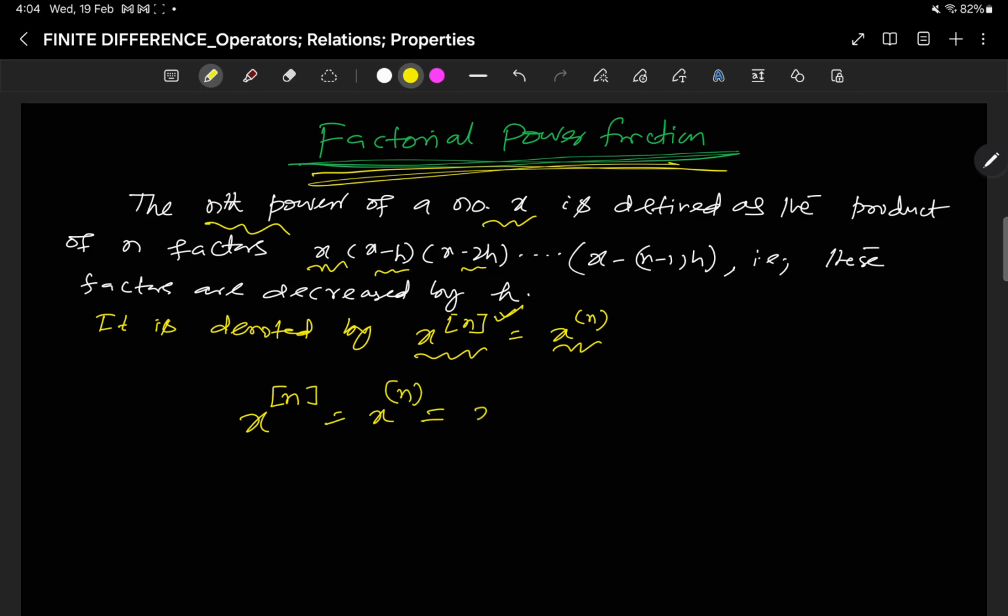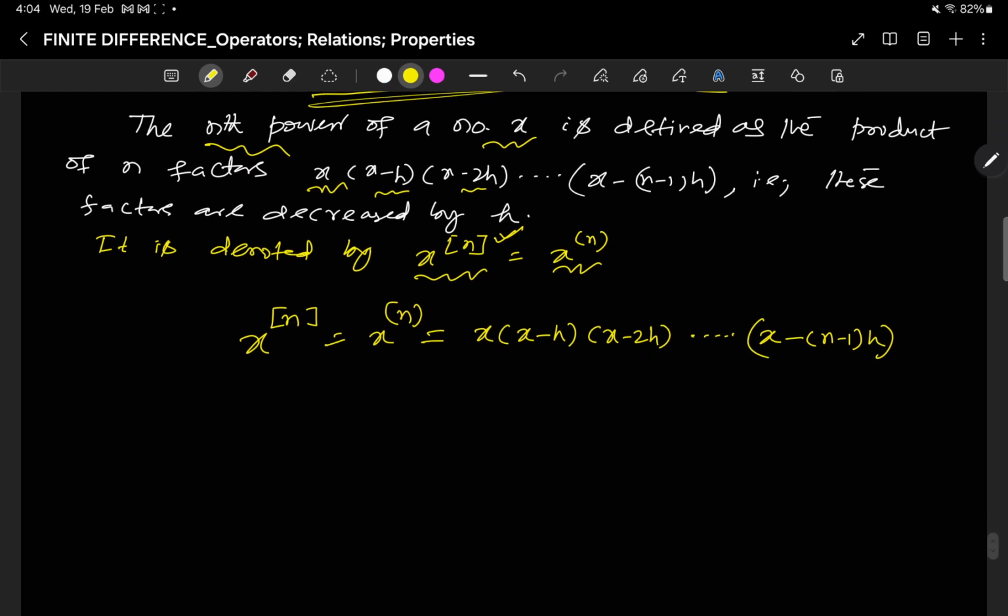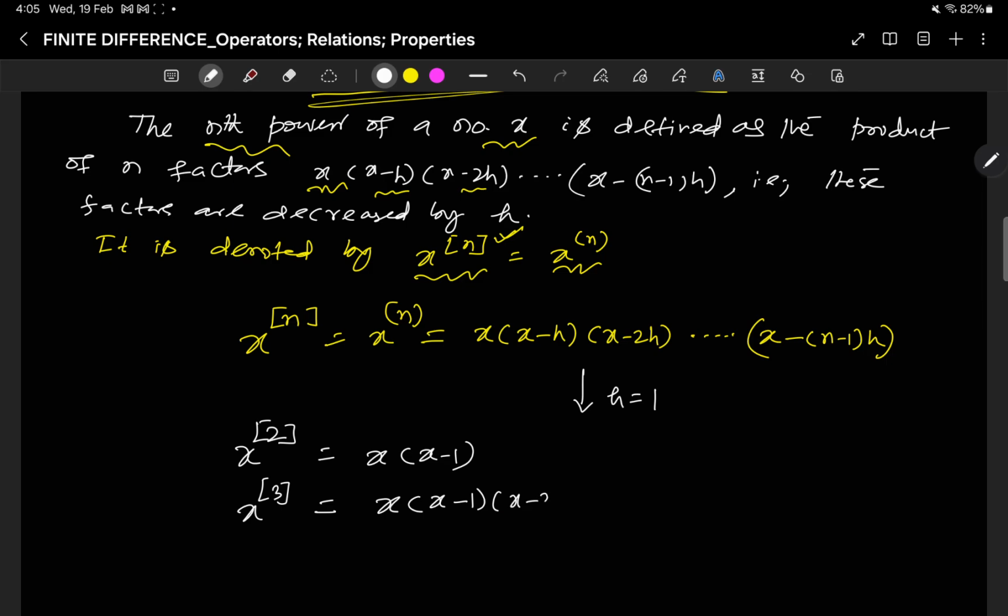So that means it is x, x minus h, x minus 2h, and we continue up to x minus (n minus 1)h, right? Suppose my h is equal to 1, and if I ask you what is x factorial power 2, it means x into x minus 1. If I write x factorial power 3, it means product of 3 factors, x, x minus 1, x minus 2, right?